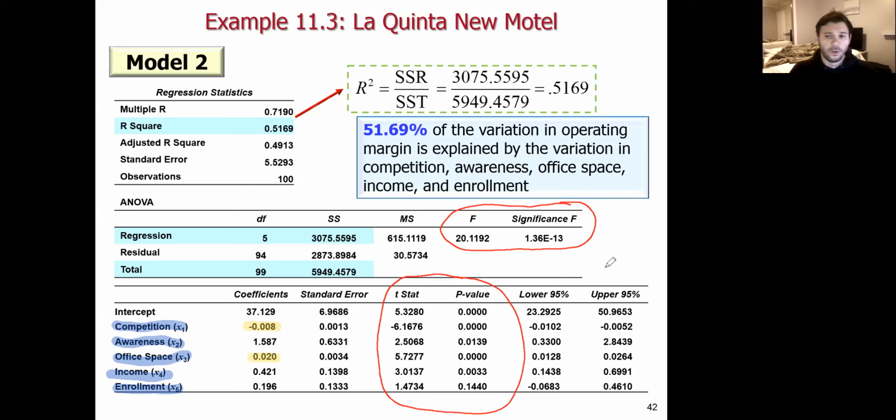And we know that if we had sampled a different 100 La Quinta Inns to generate these coefficient estimates, there would be some sample error, some sample noise, and those coefficients would change a little bit. That's actually reflected in this column here that measures the standard error of each of these coefficients, and we'll talk about that a little bit more again in the future segment.